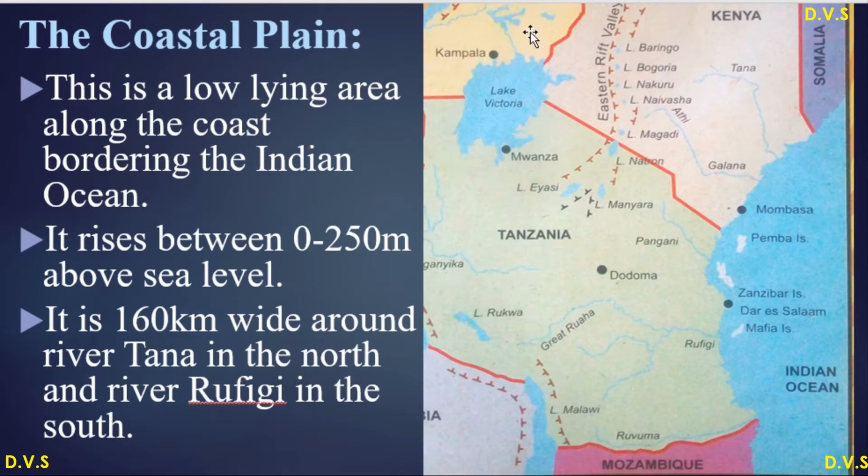This is a low-lying area along the coast bordering the Indian Ocean, as we saw in our sketch map. It rises between 0 and 250 meters above sea level.